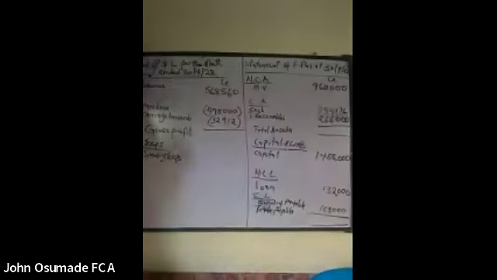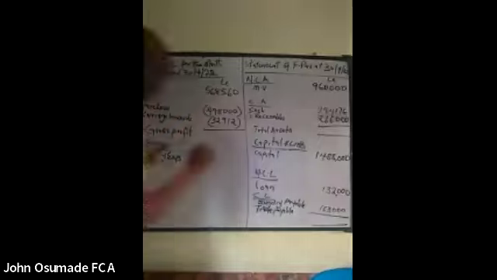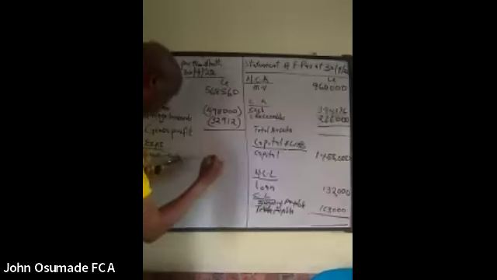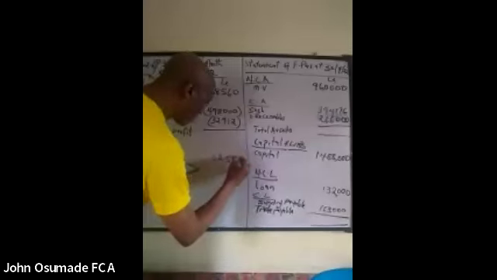Okay, sir. 21,000. So, sundry expenses, how much? 21,704.